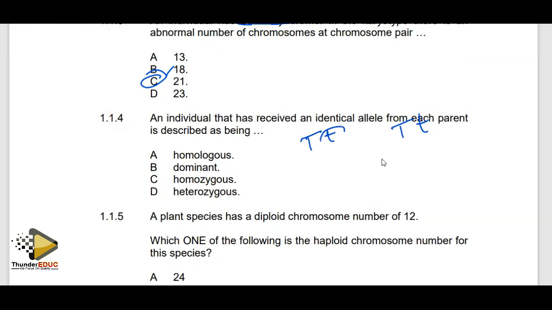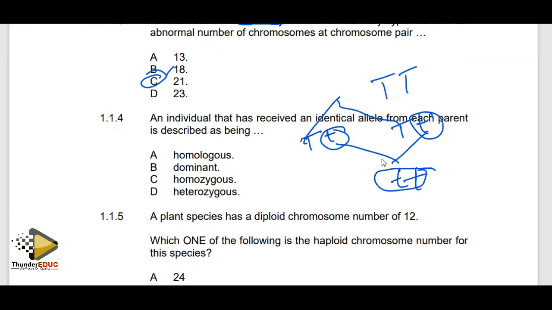If the baby gets small t and small t, or capital T and capital T, it means that these two alleles are the same. How do we call that individual? Because they are the same, it is homo.